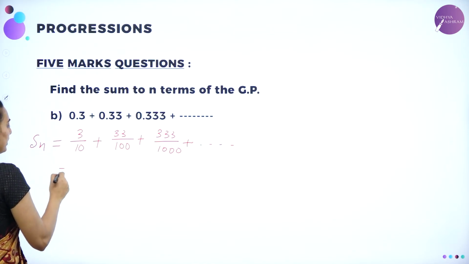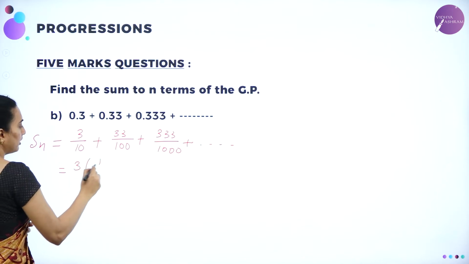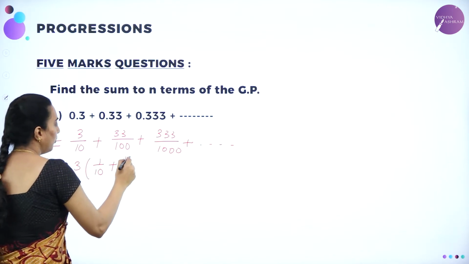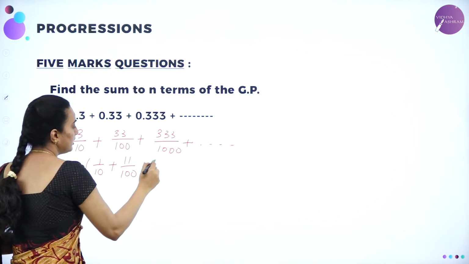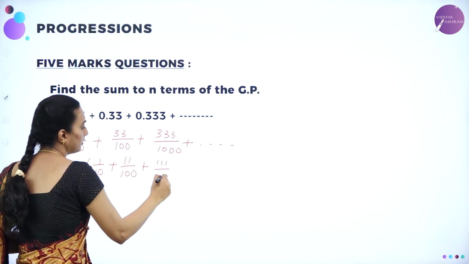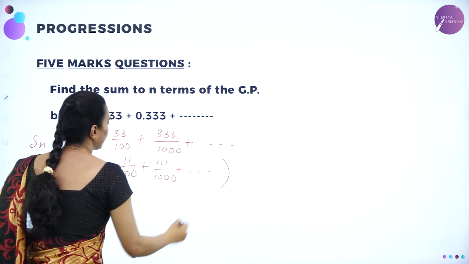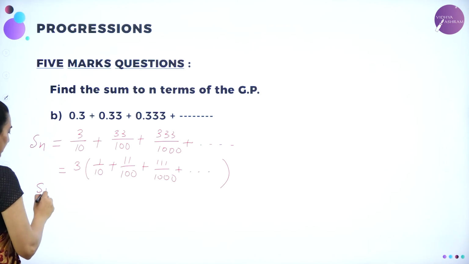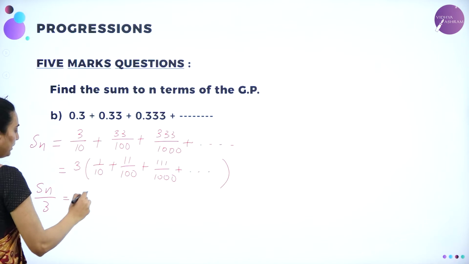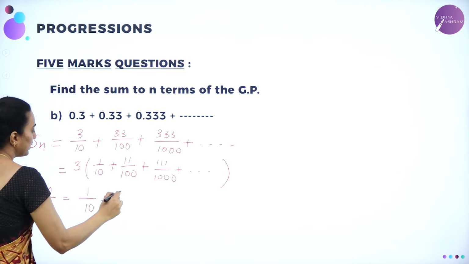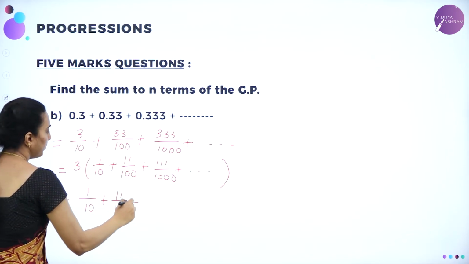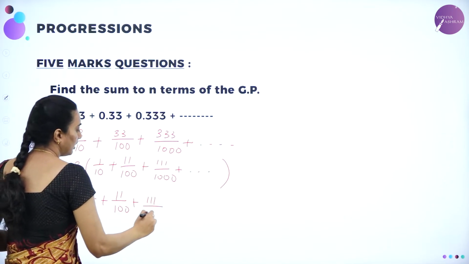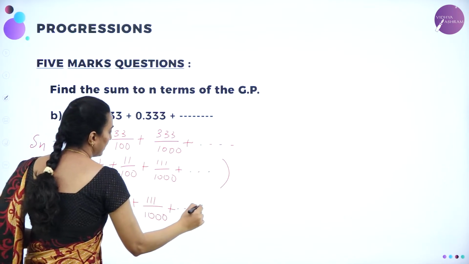So Sn is equal to 3 times (1 by 10 plus 11 by 100 plus 111 by 1000 plus etc.). Taking 3 to this side, Sn divided by 3 implies 1 by 10 plus 11 by 100 plus 111 by 1000 plus etc.